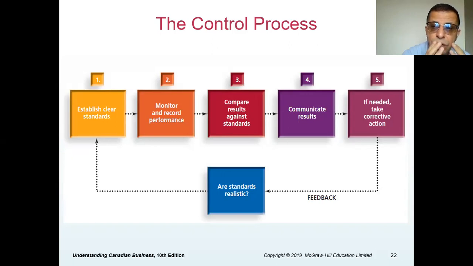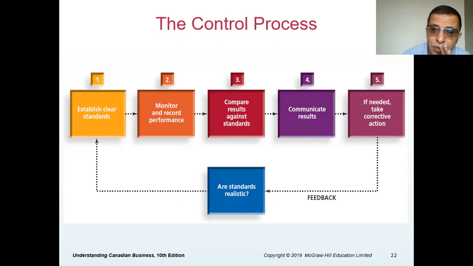After you approve that, you need to establish a clear standard, as I said. Then you need to monitor as a second stage here, and record the performance KPIs. Then you need to compare the result against the standard that you put in, which is, is it realistic or not?